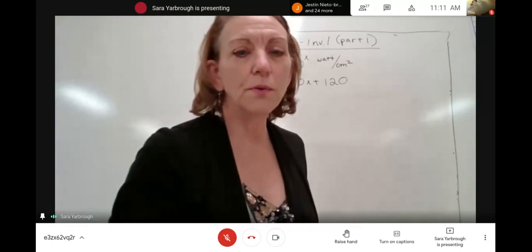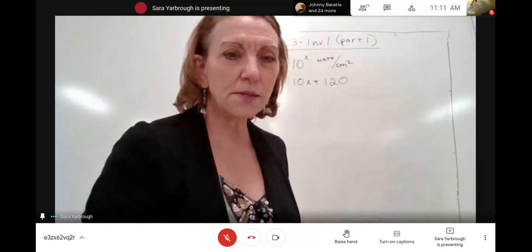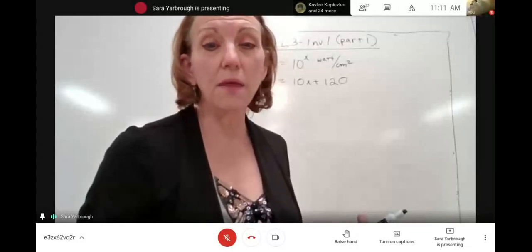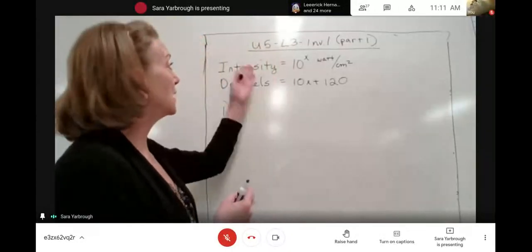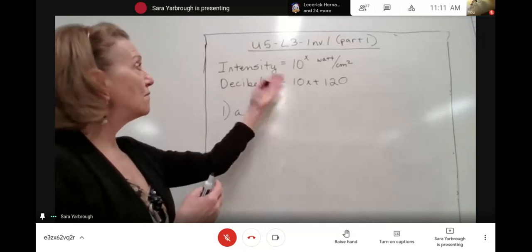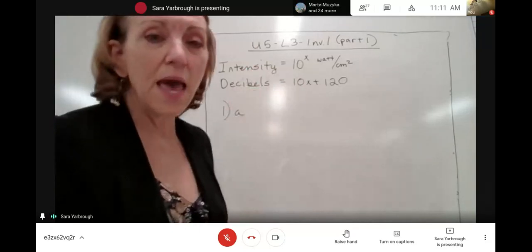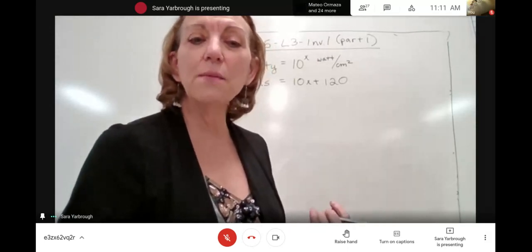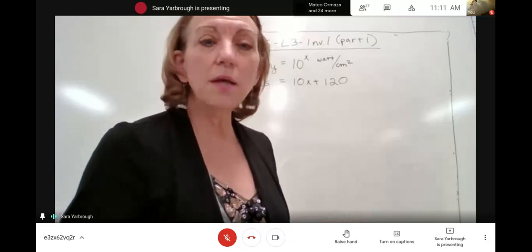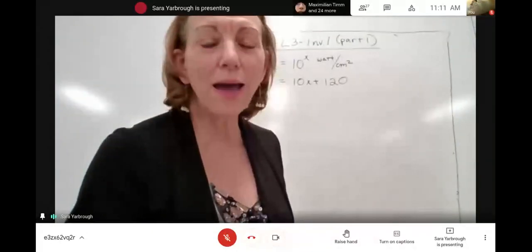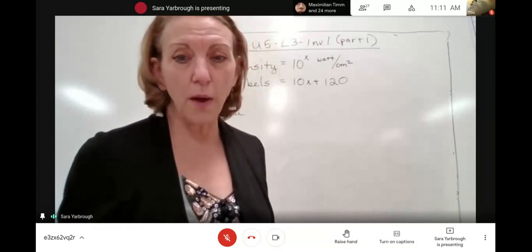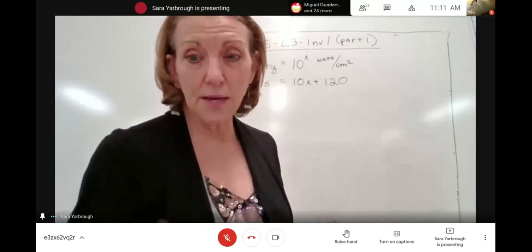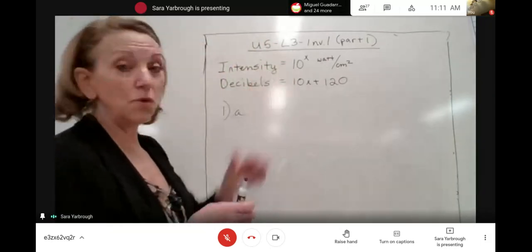I just wanted to introduce the two equations for the different ways to measure intensity, and show you this table of values, and how they're not supposed to be equal. Like 10 cubed does not equal 150. That's not the point. But you can use that exponent to calculate the number of decibels using these two formulas.